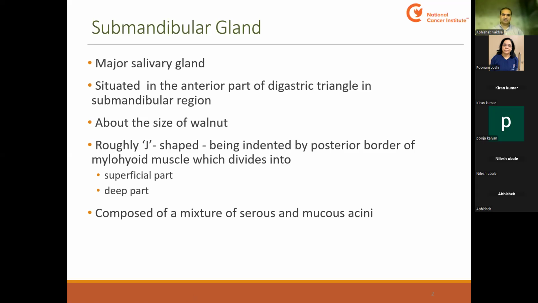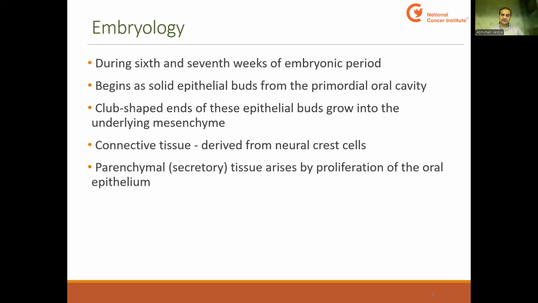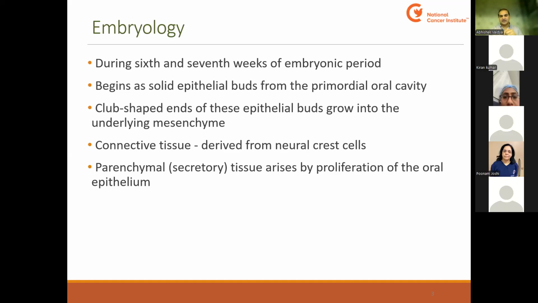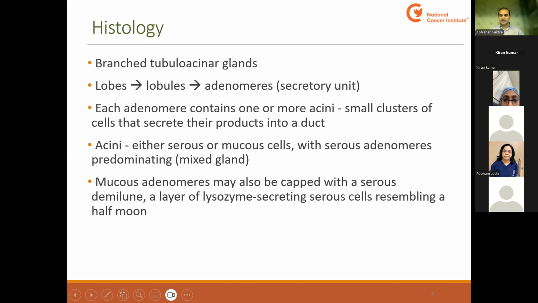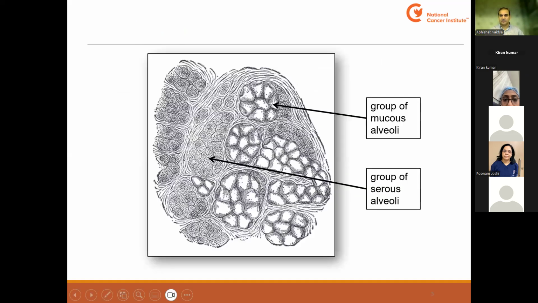Embryology: this usually develops as shaped ends which then grow into the underlying mesenchyme. Now the gland has two parts: the connective tissue, which is derived from the neural crest cells, and the secretory or the parenchymal part. This is derived from the proliferation of the oral epithelium. So the gland has mesenchymal as well as secretory components, and as such, tumors of all types can develop within the gland.